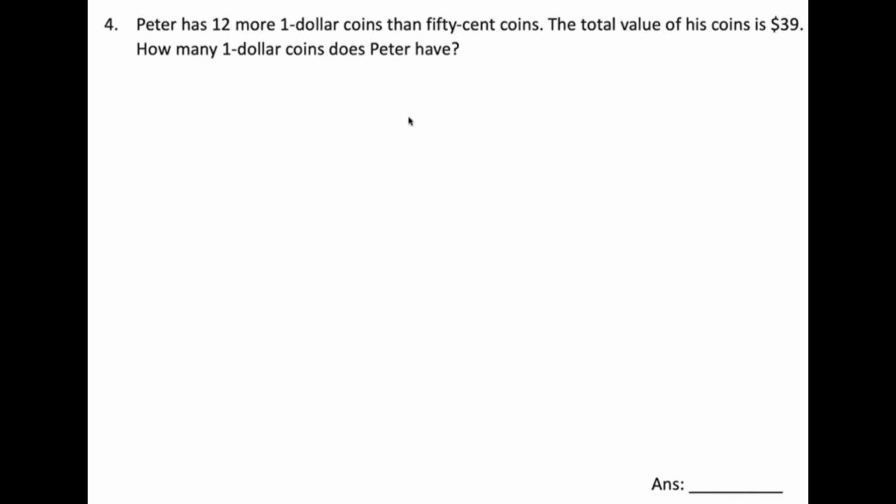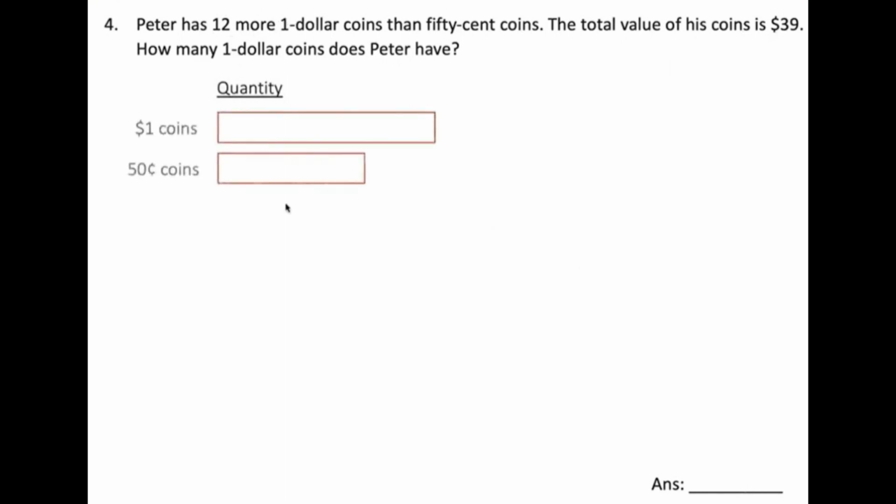So let's do question number 4. 12 more, so we must draw a model, more than. So there are 12 more $1 coins than 50 cents coins. Remember, this is a quantity, not a value. Like just now, the quantity is the number of boys and girls, not the value, which is the cards.